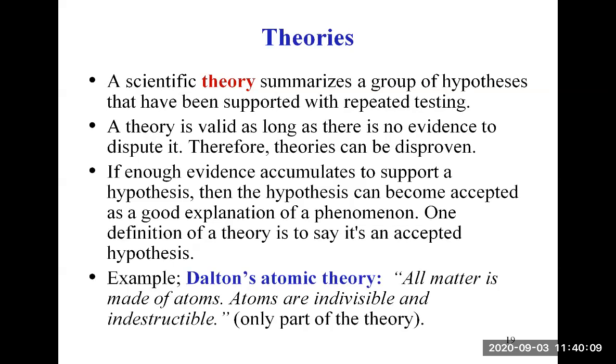Let's look at an example of a chemical theory: Dalton's atomic theory. Dalton established his theory in 1808, and part of it says that all matter is made of atoms, and atoms are indivisible and indestructible. This atomic theory of Dalton is still valid today, but there are some tweaks to it.